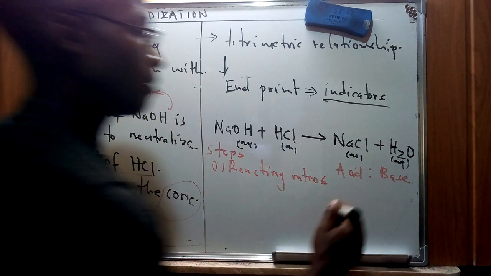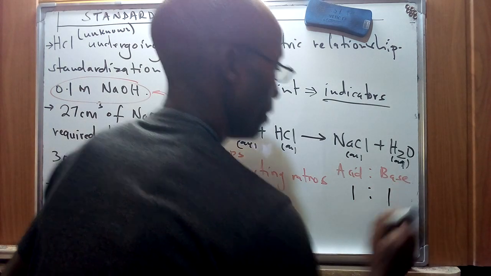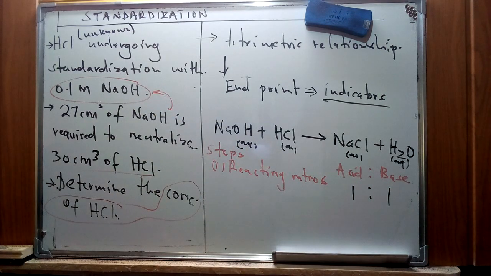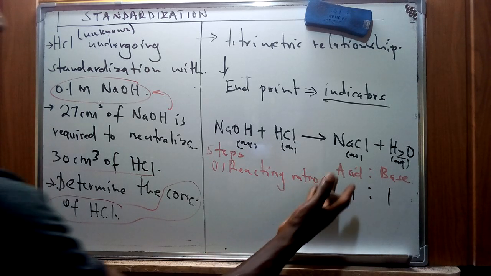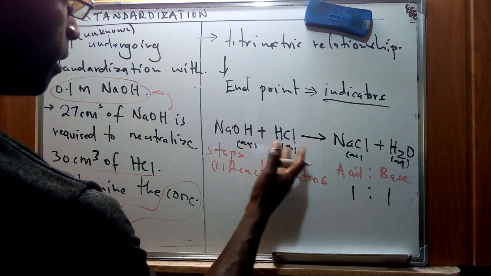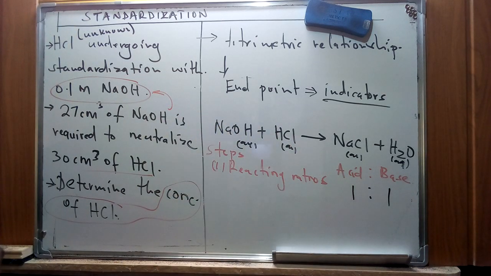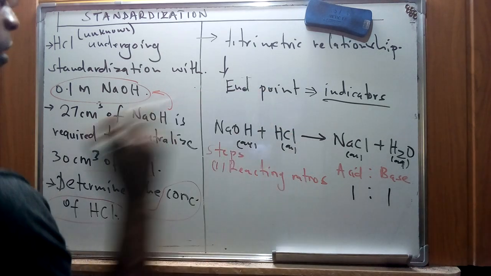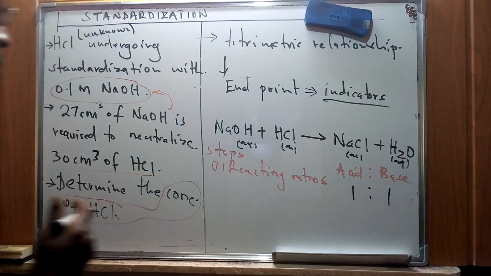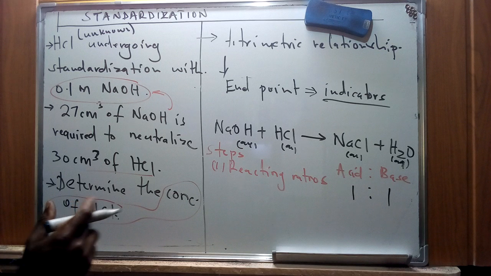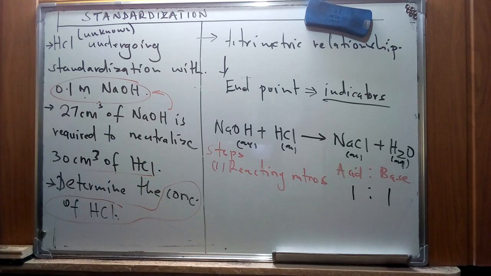So the acid-base reaction entails a reacting mole ratio of acid to base which is 1 to 1. From that we can conclude that the number of moles of acid that reacts with the base is 1 to 1. From this we can find the number of moles of the known solution, which is sodium hydroxide.